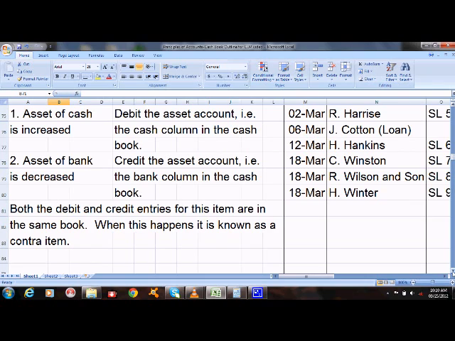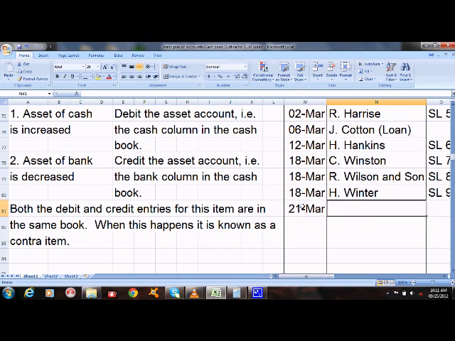So now we go to next transaction, March 21. Cash drawn from the bank, $250 for business use. The question is, how will that be written? We're going to have March 21.